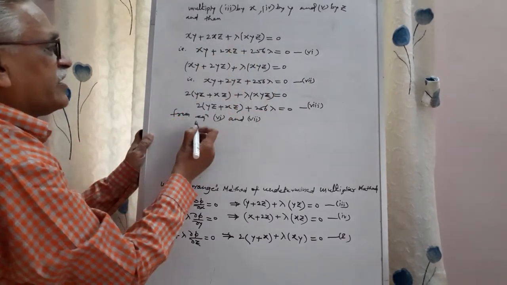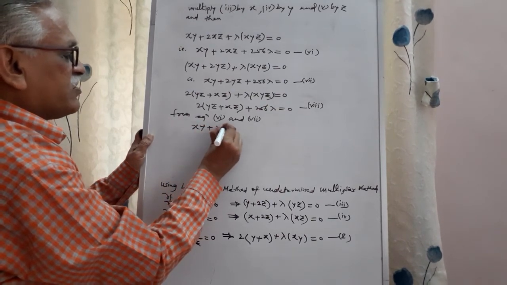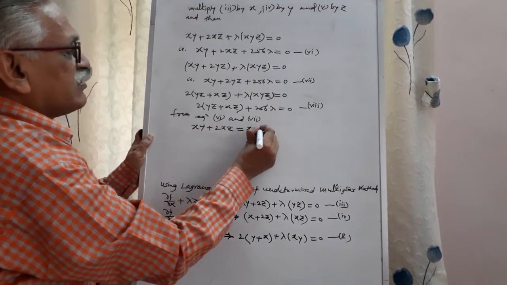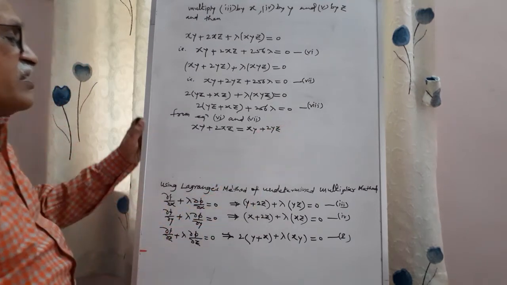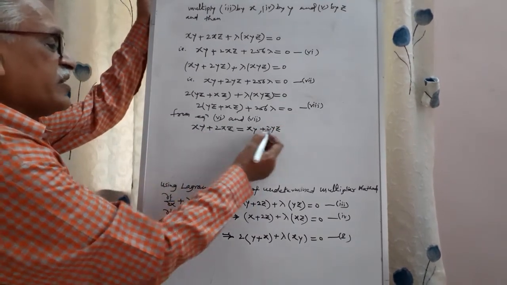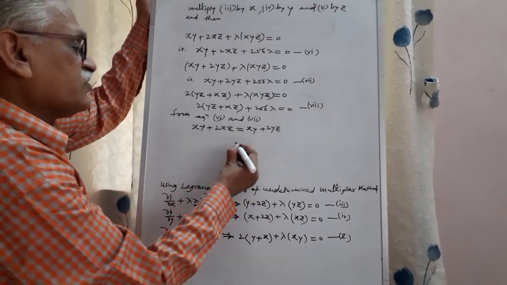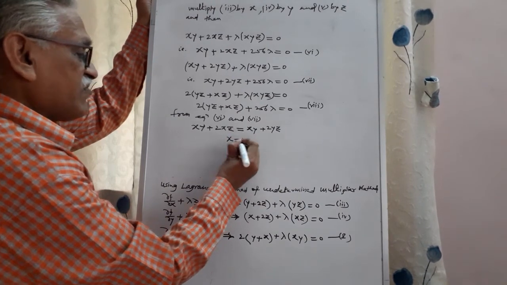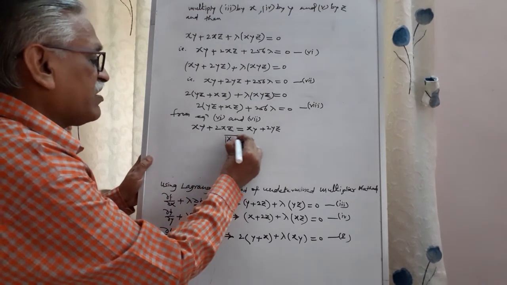Therefore, we get xy plus 2xz equals xy plus 2yz. xy gets cancelled, 2 gets cancelled, z gets cancelled, therefore we get x equals y.